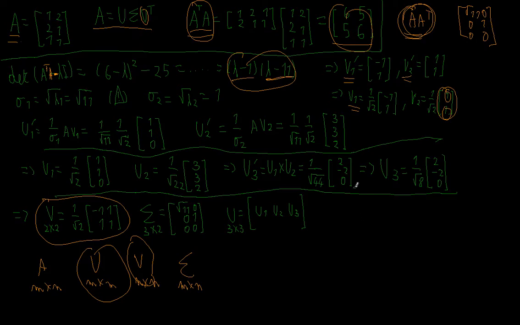But you can use the shortcut if you remember that U sub i prime is equal to 1 over sigma sub i times A times V sub i. I write prime because sometimes you need to normalize it again.